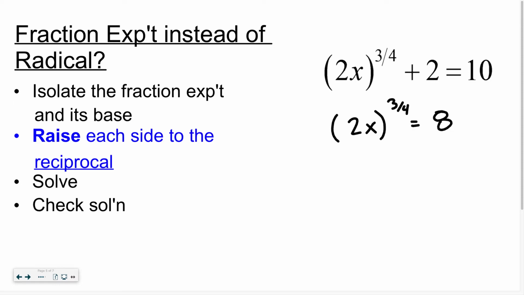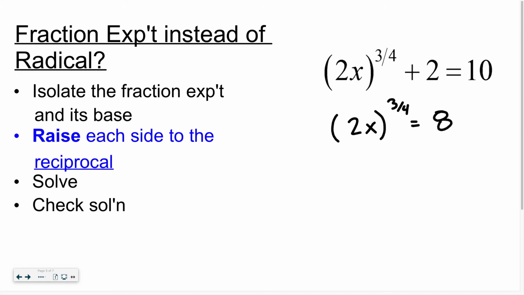Now I'd like to get rid of that 2 that's being multiplied by the x, through division. But I really can't divide by 2 right now because it's trapped inside the set of parentheses. So I have to undo the exponent first. If it's being raised to the 3/4, to undo it, I'm going to raise both sides to its reciprocal.